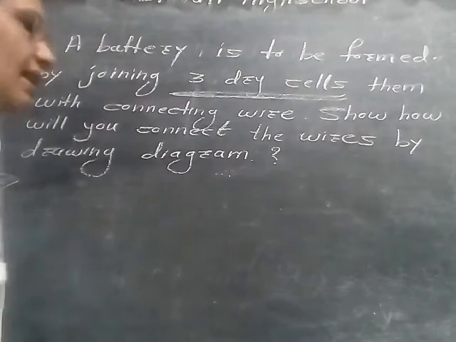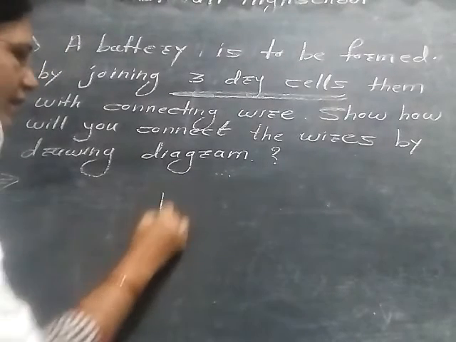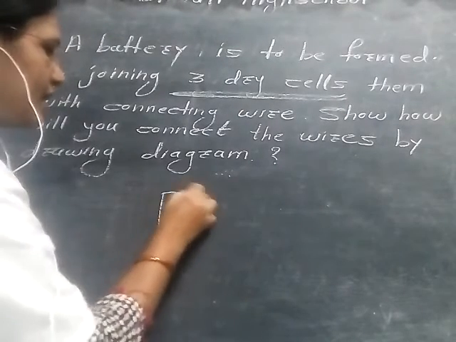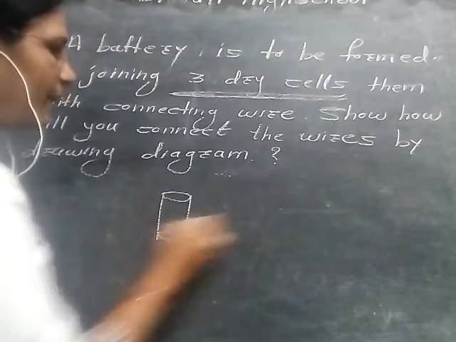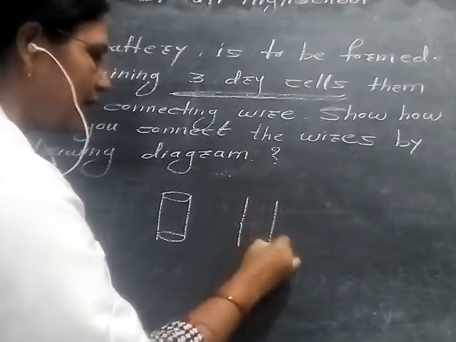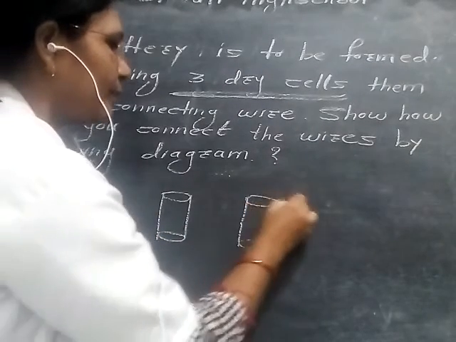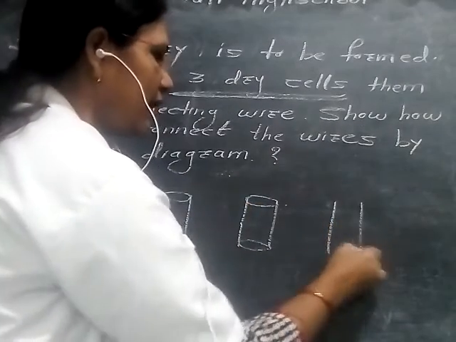So consider 3 dry cells. Here I draw a figure: this is the first dry cell, this is the second dry cell, and this is the third dry cell.